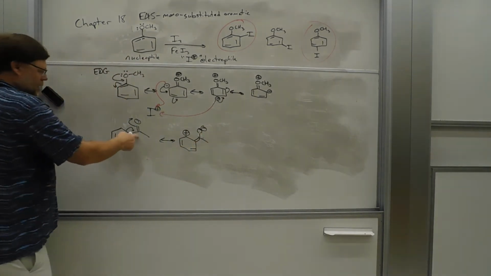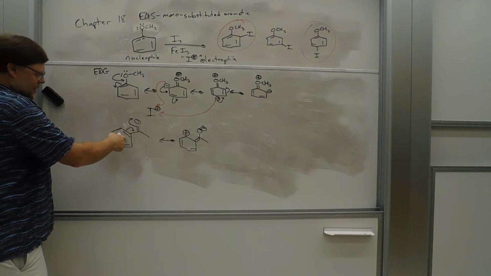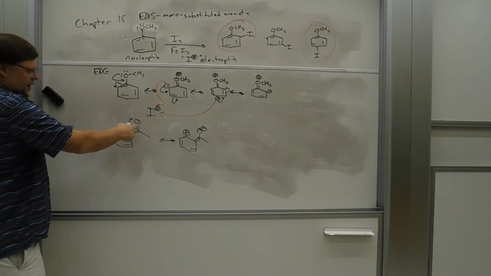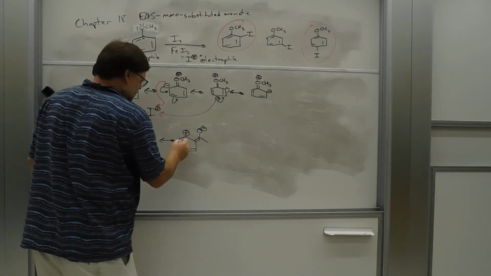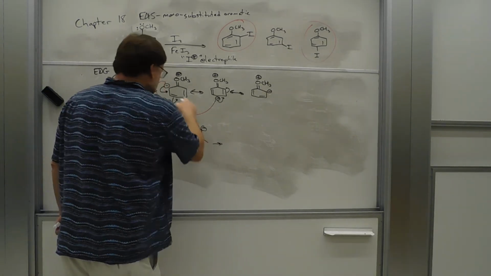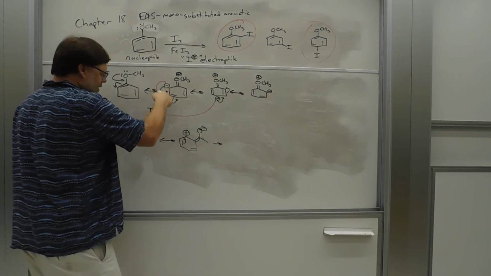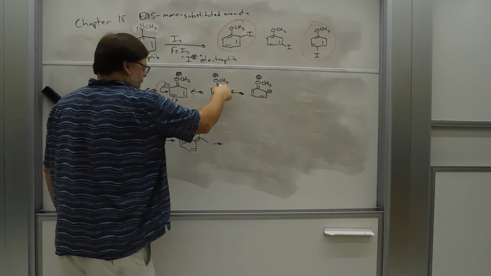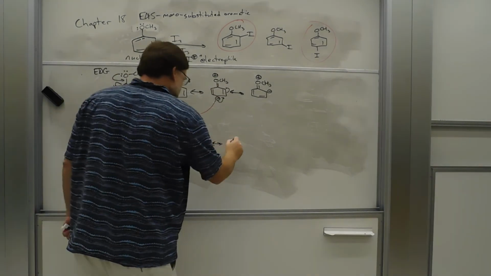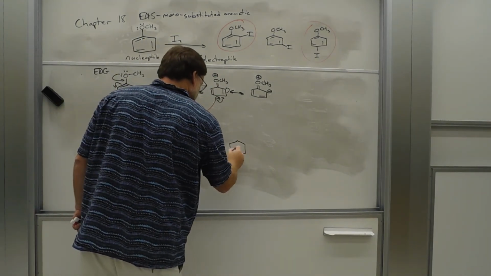So if we start with a carbonyl bonded to the benzene, that's our one substituent, a ketone. We end up with a positive charge at the ortho position, and these charges then, just like up here, the negative goes ortho, it skips. Here, skip one, there, skip one, there. Positive charge is going to do the same thing.